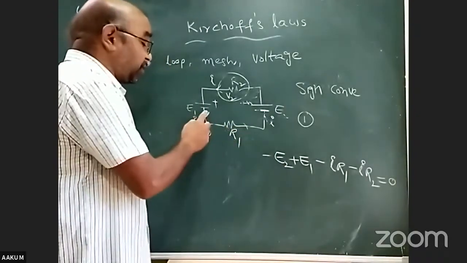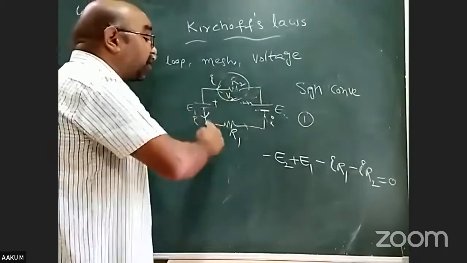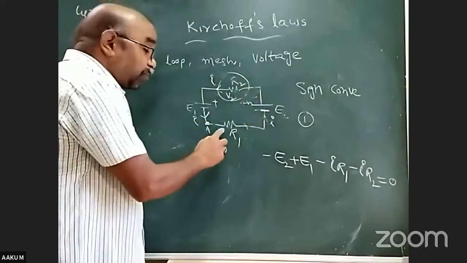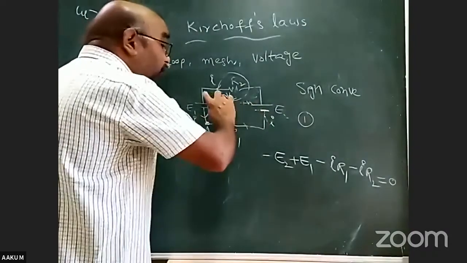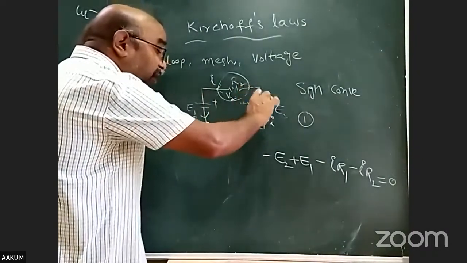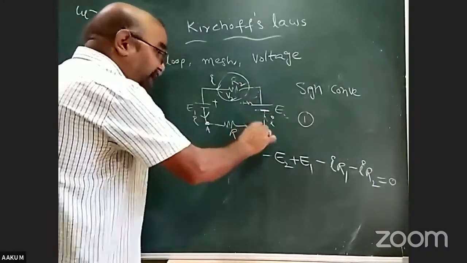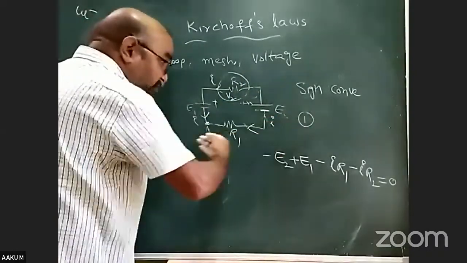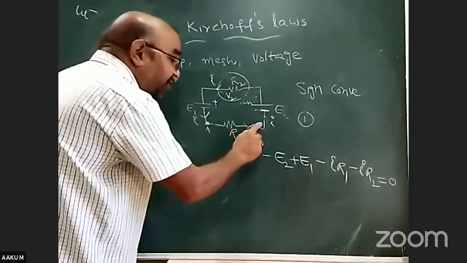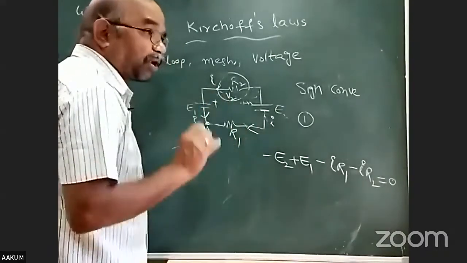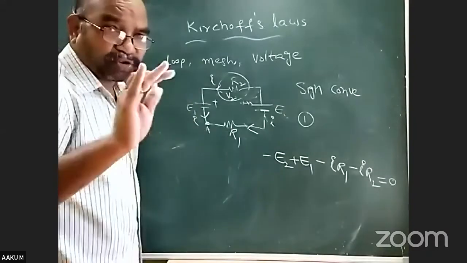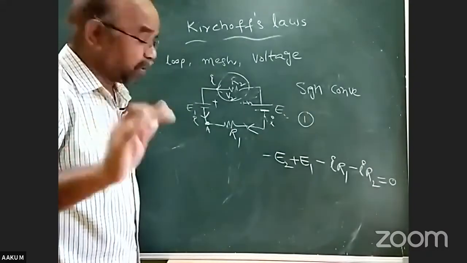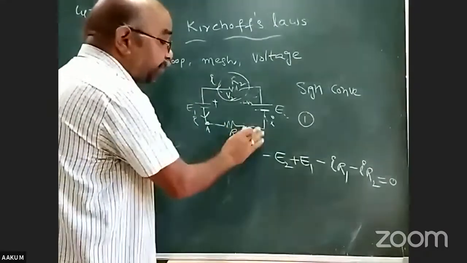Current into resistance. You are traveling in the direction of current, so minus IR1. Of course, if you travel in the direction opposite to the current, the potential drop must be taken as positive. That must be taken into consideration. So this is the way.